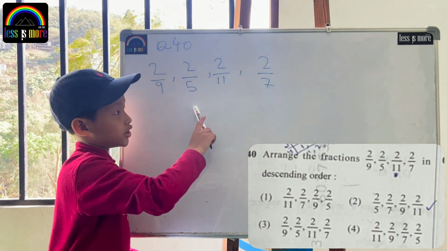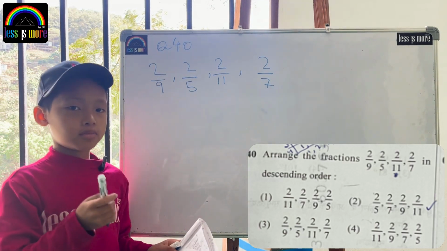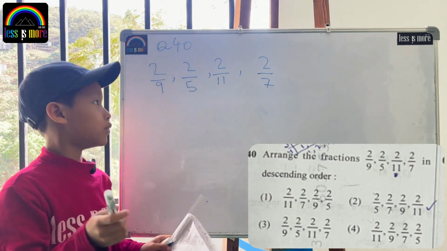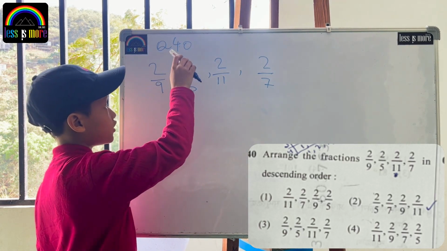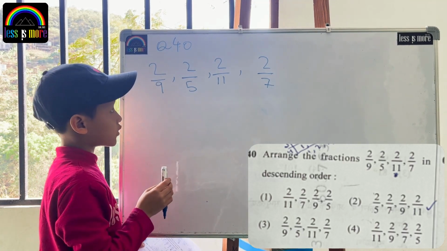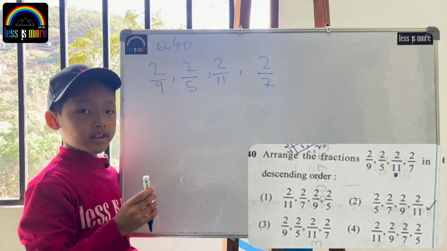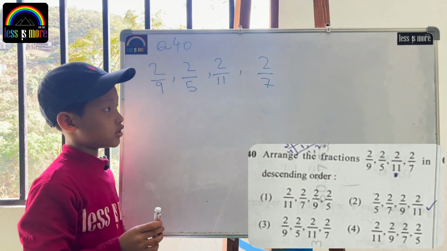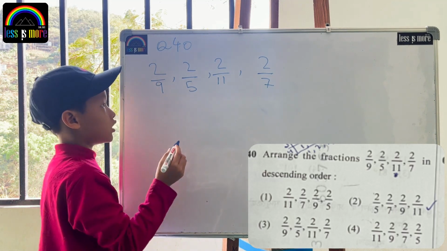To arrange these fractions in descending order, we know that descending order means biggest to smallest. Since the numerators of these four fractions are all the same, we have to compare the denominators. The bigger the denominator, the smaller the fraction. So the smaller the denominator, the bigger the fraction.